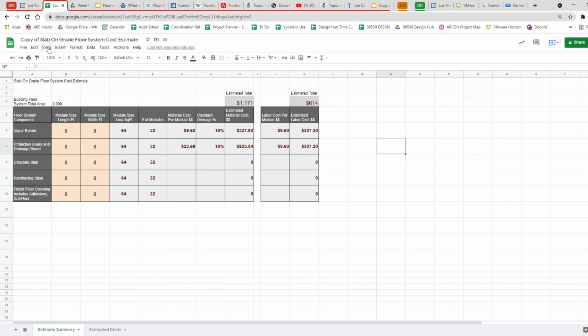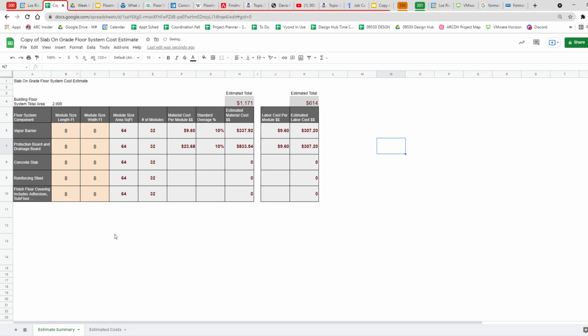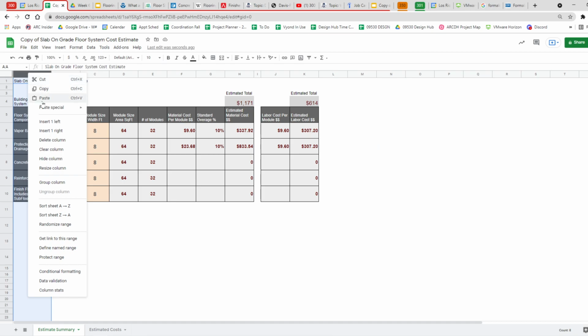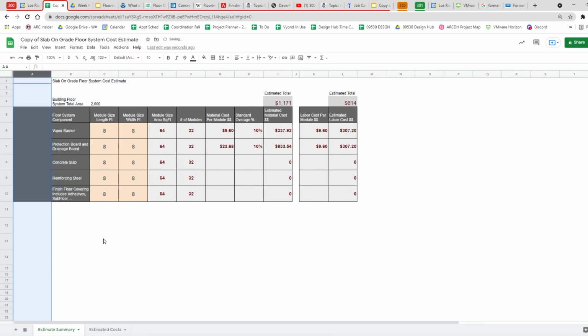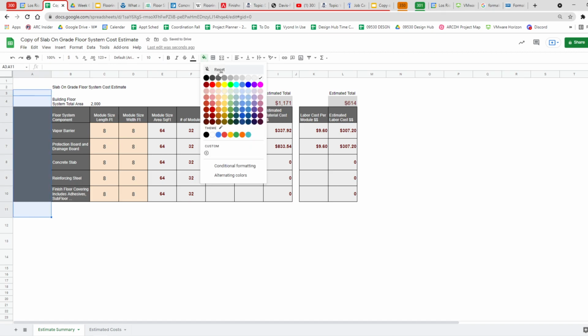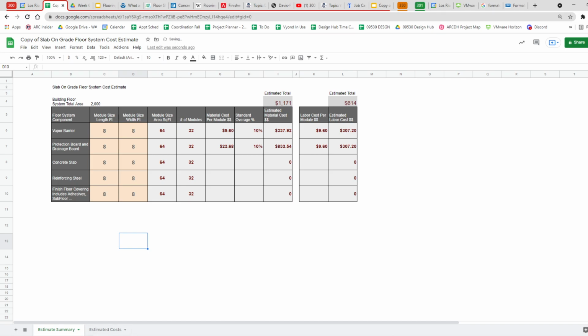If you want to, you can again turn off your grids. Click, right click, insert one to the left. And I think I'll just move that down one. Now I've got another one that's pretty nice looking.